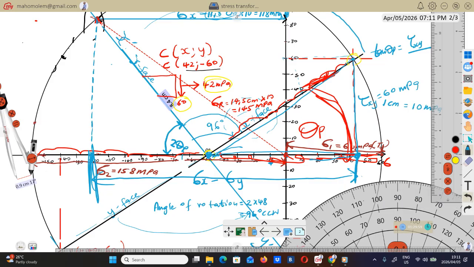But if you check, the distance from here to there plus the distance from here to there, these two distances give you the total distance.